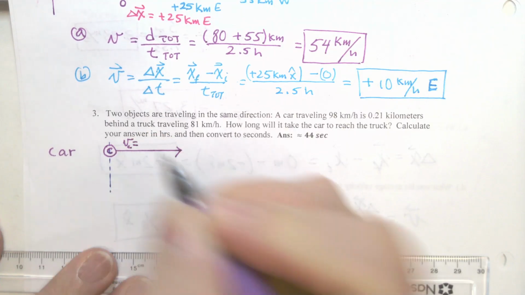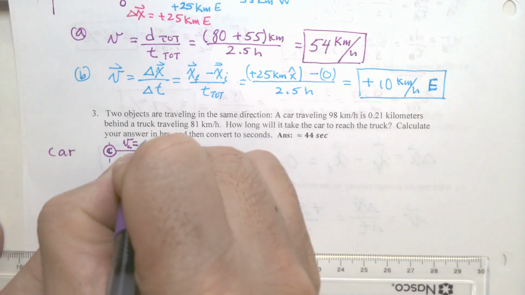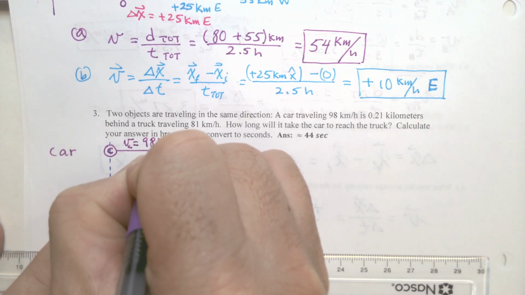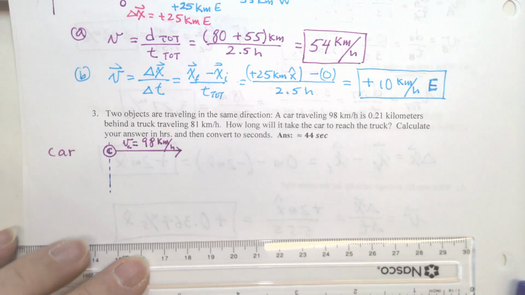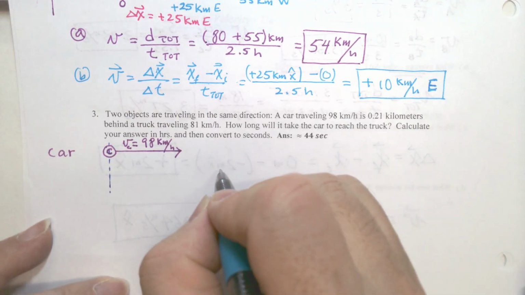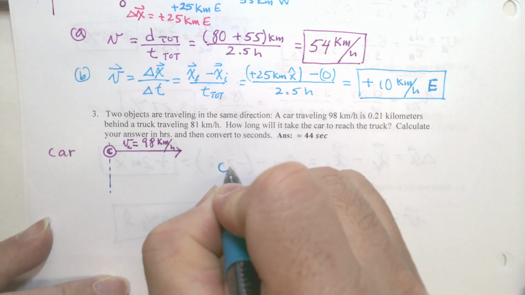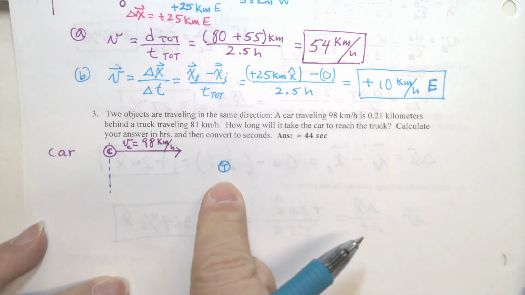V car is equal to 98 kilometers per hour. There's a truck, and it's behind the truck. That's the truck, right?